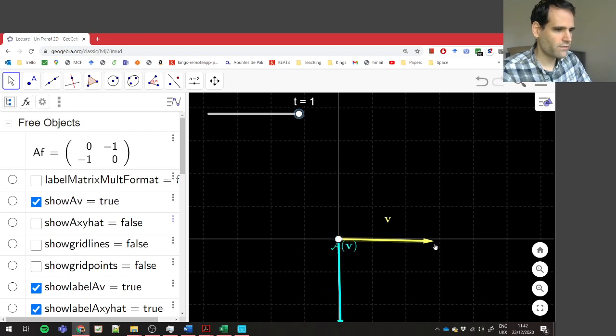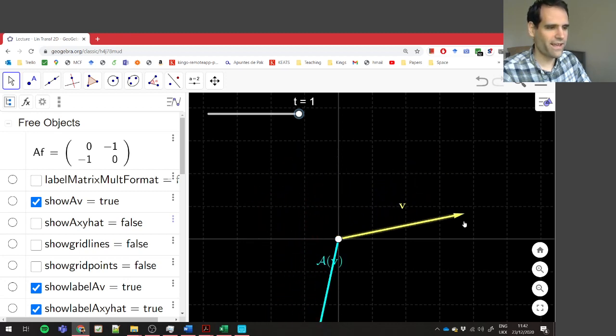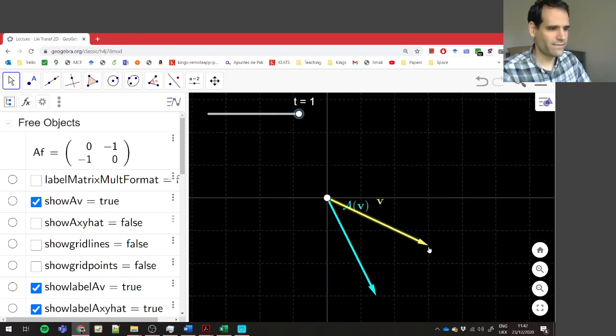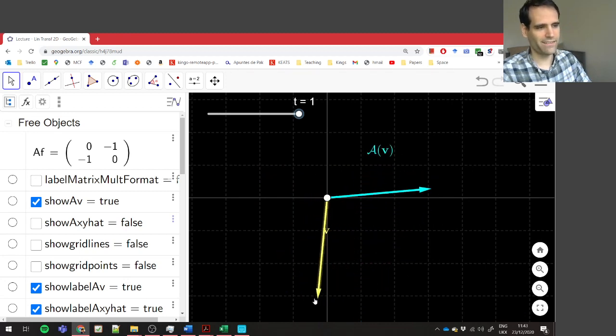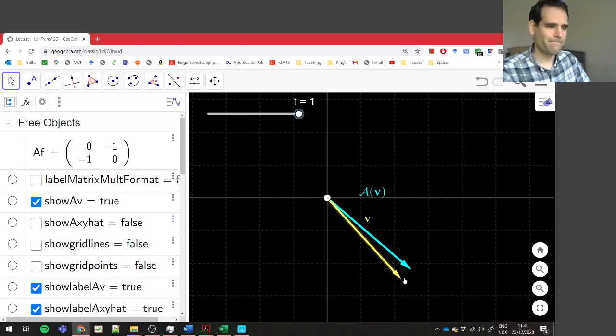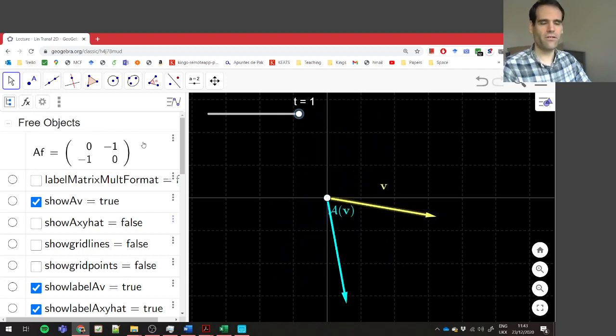So is it working? Yes, it's working. Every vector is reflected along this line y equals minus x. In fact, we can have vectors on the other side, and it's always reflected, yeah? So it's working perfectly. This is our matrix for these type of reflections.